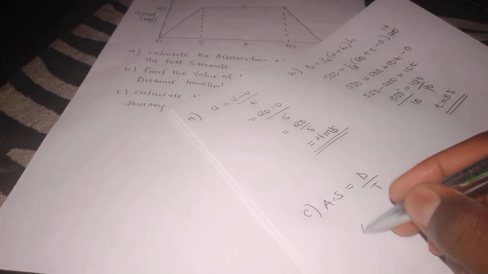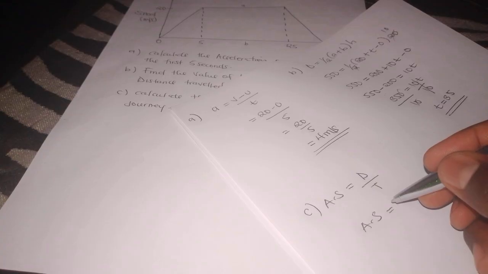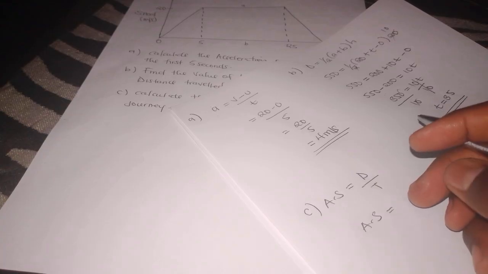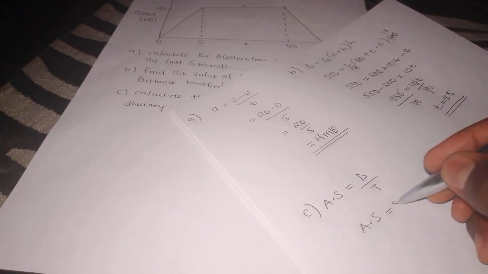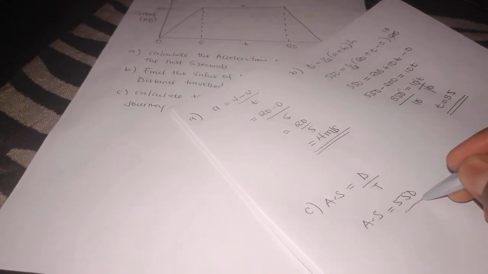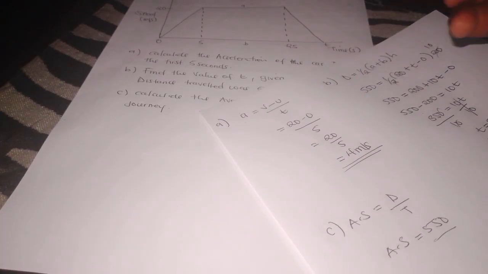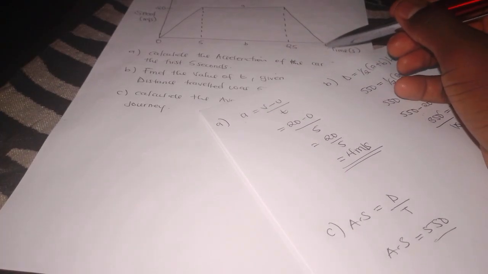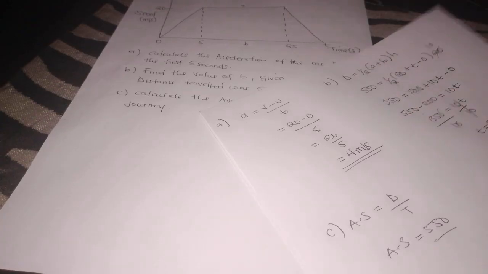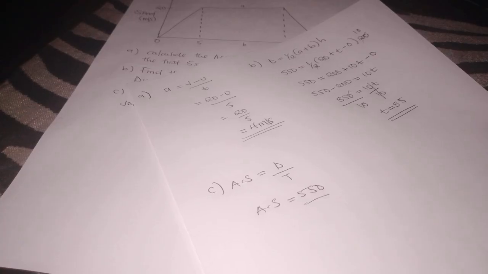We've been given the total distance, that's 550. No need to panic. For time, we're just calculating the total time here. The t is 35 here, so we divide by 35.